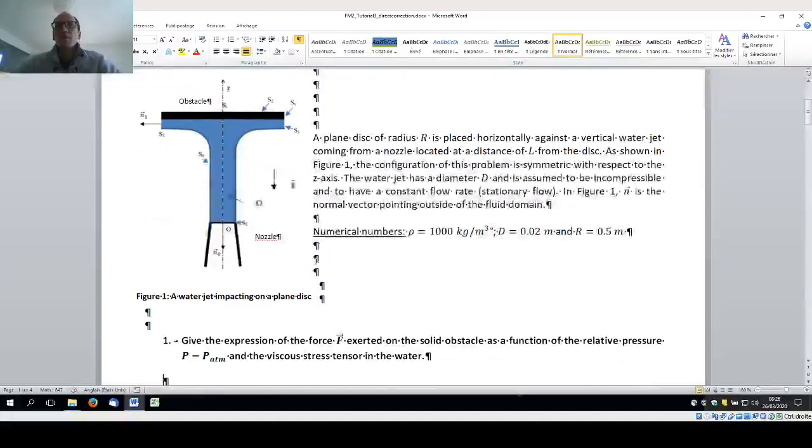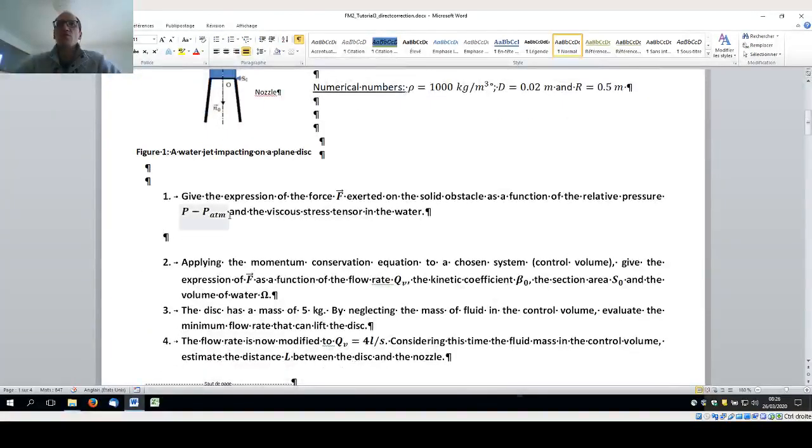As I was saying, you have a water jet impacting this object here. The first question is to give the expression of the force that we will denote F exerted on the solid obstacle as a function of the relative pressure and the viscous stress tensor in the water.